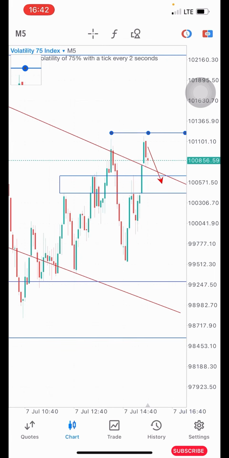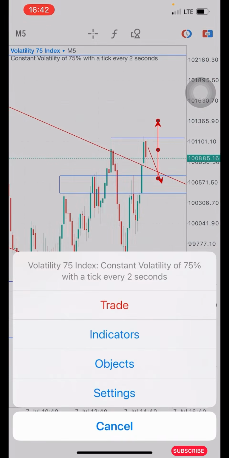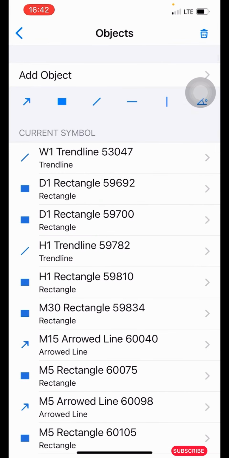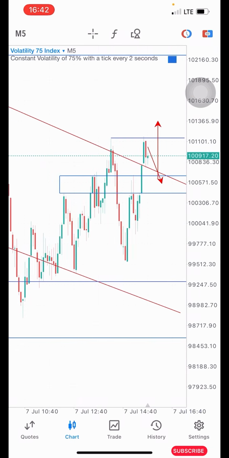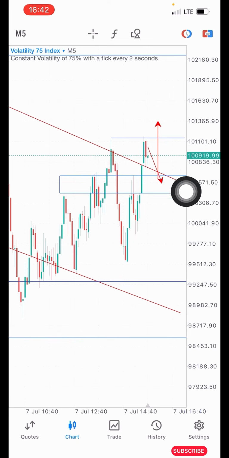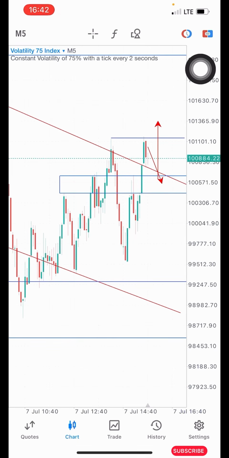So once price breaks and closes above this area here, you take your buy, and your stop loss is going to be below this structure here, all right, below the structure. So that's how you go about this entry. So your stop loss is going to be around this area, then you target that area here, all right?